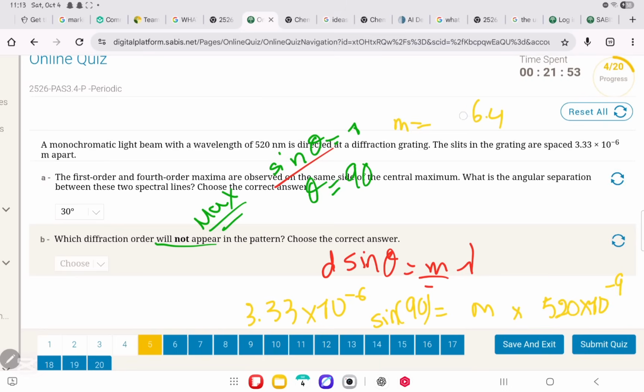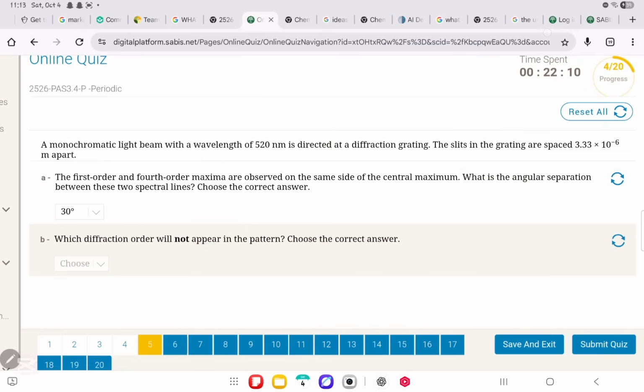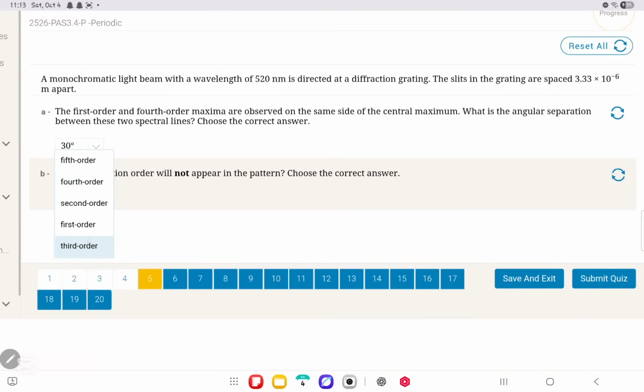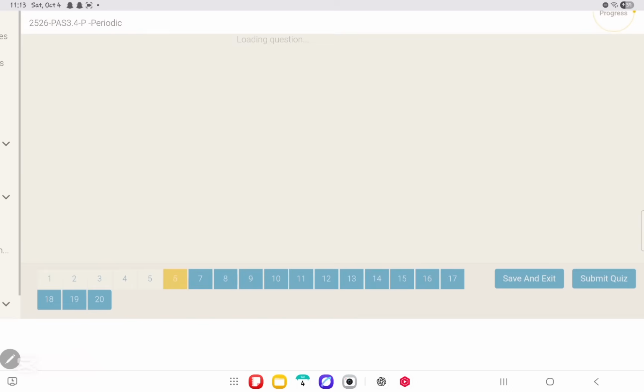What does this mean? This means the nearest whole number before 6.4, which is 6, is the maximum number of lines. Anything after, for example, 7 does not exist. Okay, perfect. So for this one, they don't have 7, so I'm just gonna put the highest, which is the 5th order.